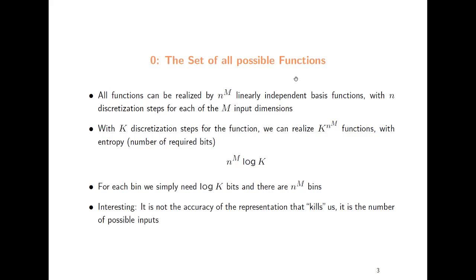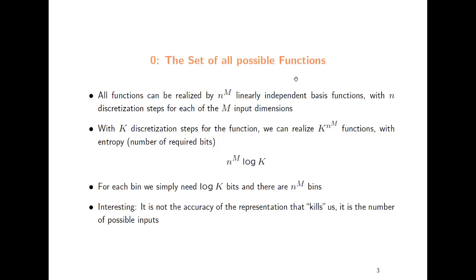Or another way of looking at this, if every bin, so every possible input, has to be represented by a precision of k, so the functional value with k steps, then we need log k bits for each bin, and there are n to the power of m bins, so we end up with n to the power of m log k.